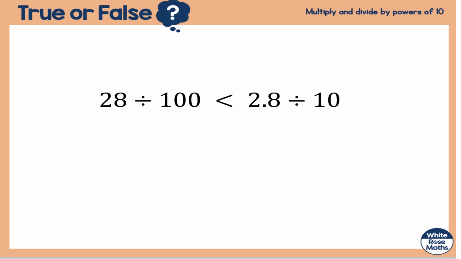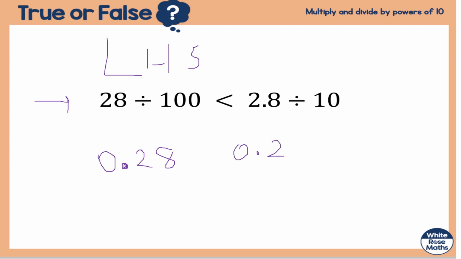The next one. True or false, multiply and divide by powers of 10. So this is the claim. Let the left hand side equal 0.28, and the right hand side will also equal 0.28.